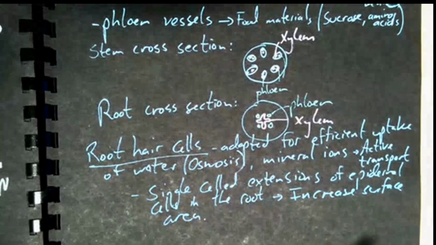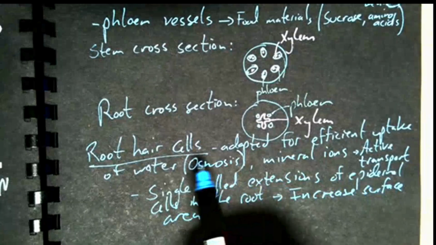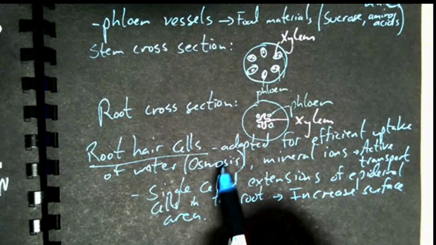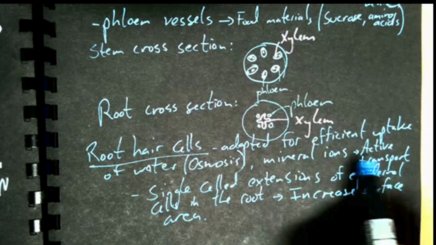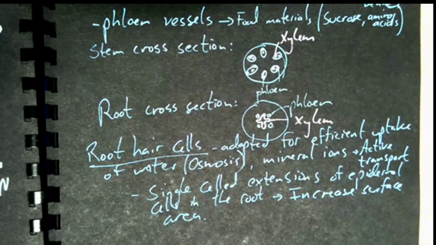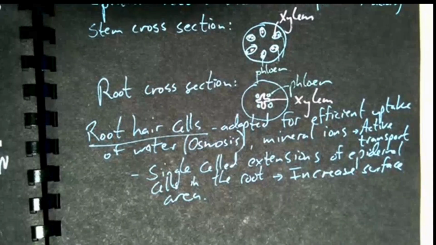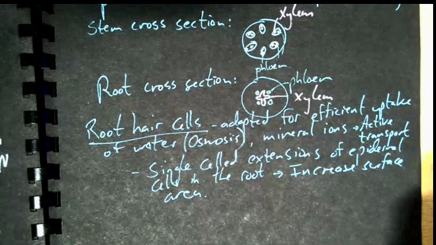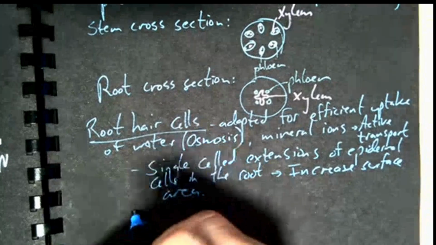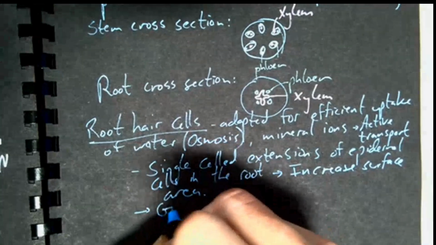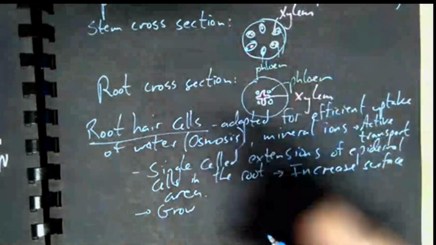And that therefore increases the surface area for water to move in by osmosis, and also massively increases the surface area for mineral ions to be taken up by active transport. They grow between soil particles. They're actually able to sort of nestle their way in.